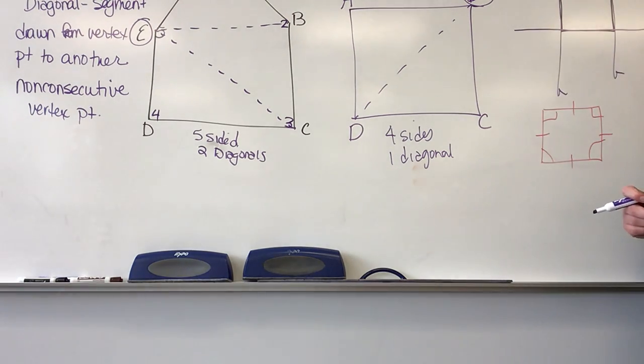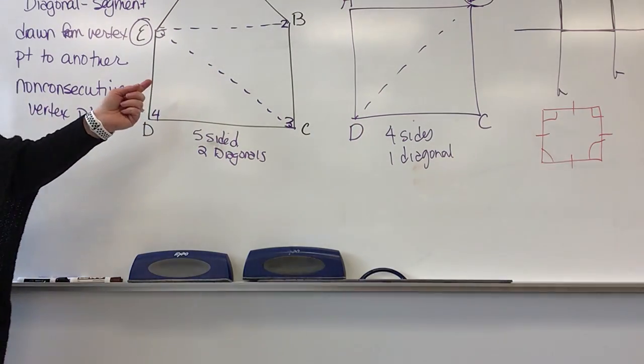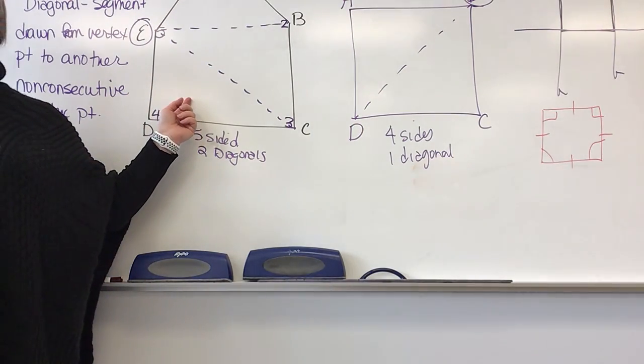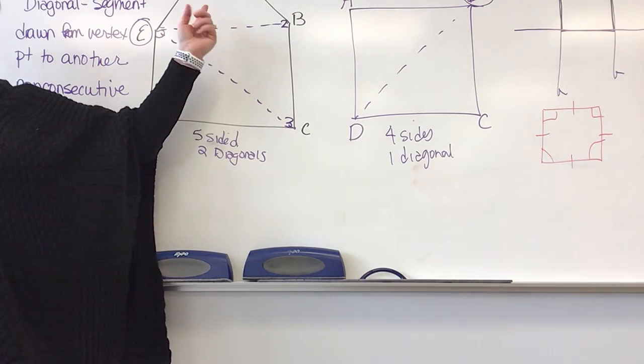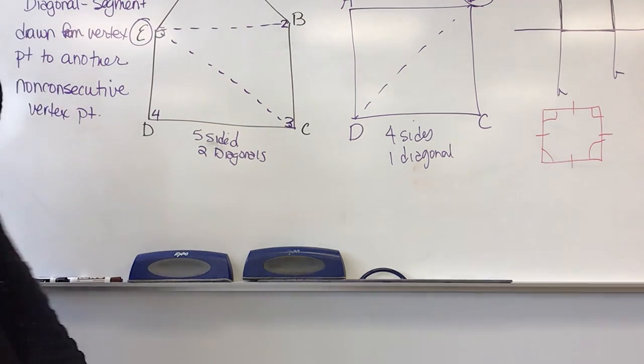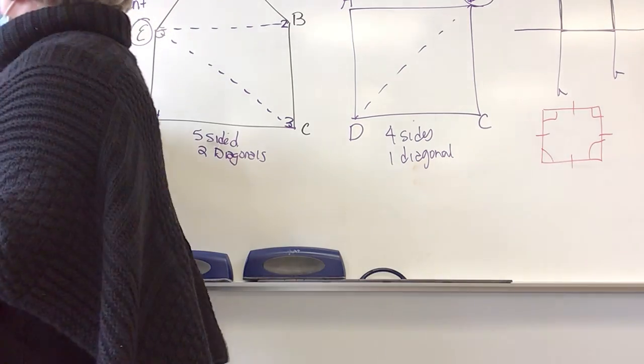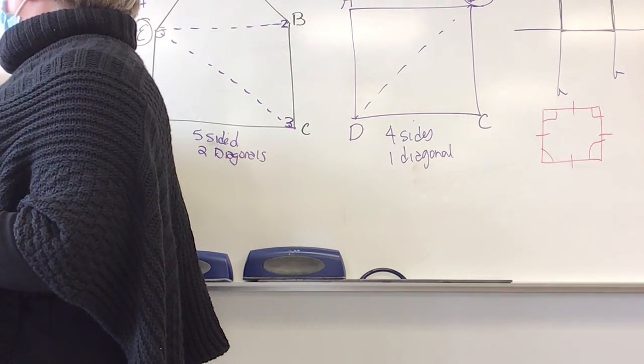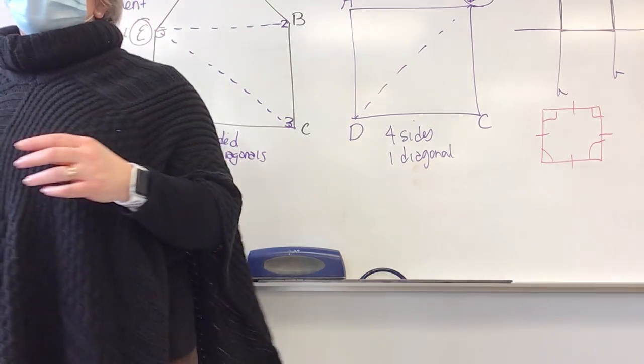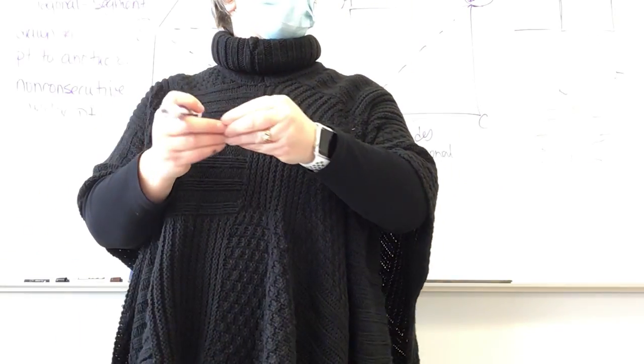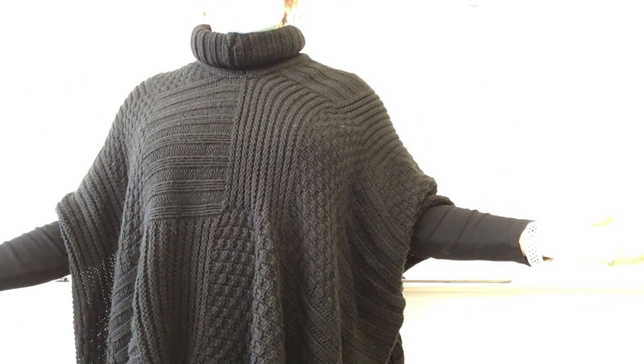Now look, by putting these diagonals in, they thought it was pretty cool because what shape was formed when I put the diagonals in? A triangle. And you learned from the first semester that every triangle has 3 interior angles and that the sum of the 3 interior angles will always add up to what? 180.